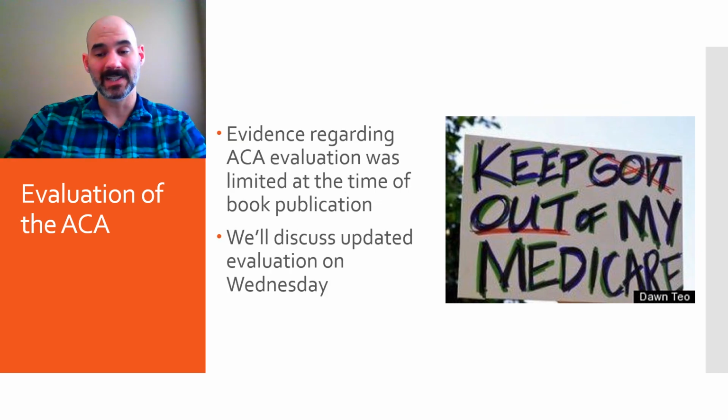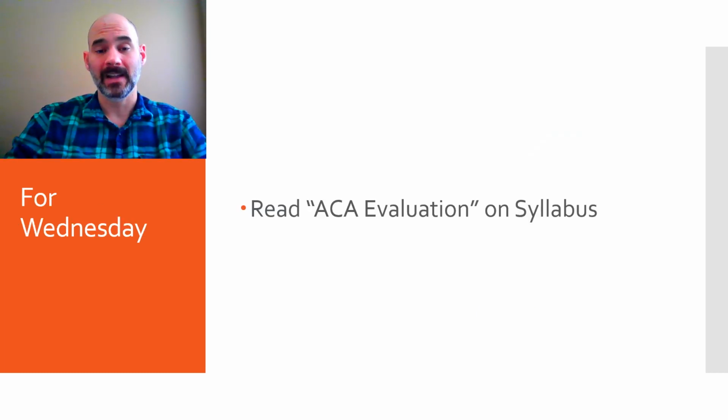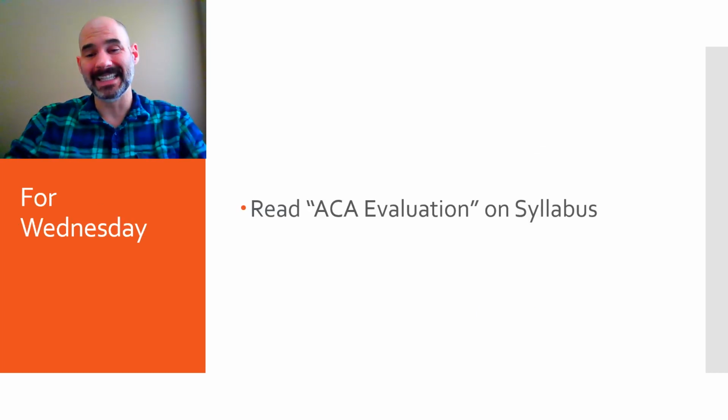And so this slide just says what I said in the previous slide, that we're going to talk more about the evaluation of the Affordable Care Act on Wednesday. And so to prepare for that, I'm going to ask that everybody read the ACA evaluation reading on the syllabus for Wednesday's class. You don't need to read all of the provisions of the Affordable Care Act. Those are there if you're curious, you want to learn more about it.